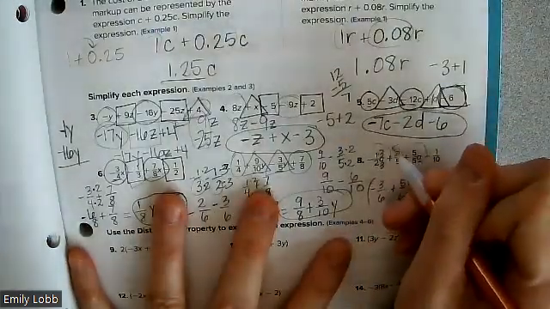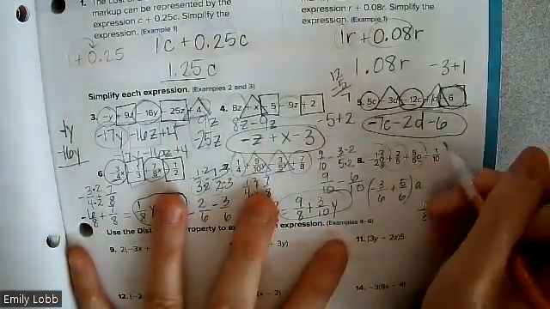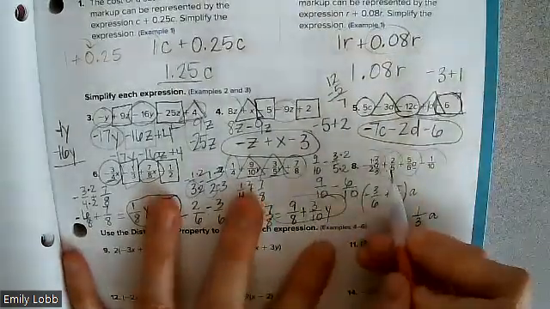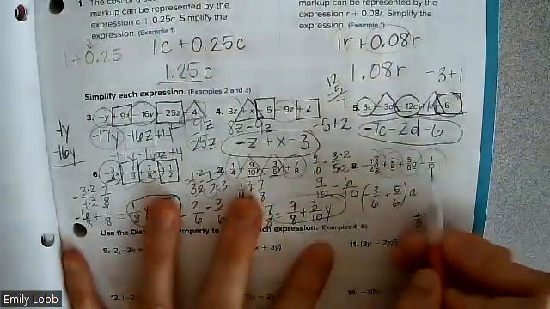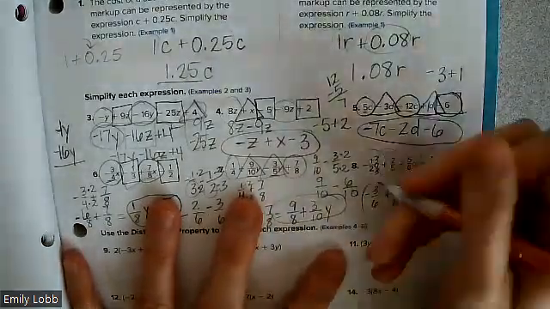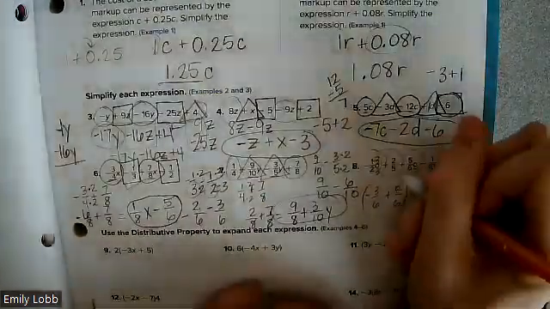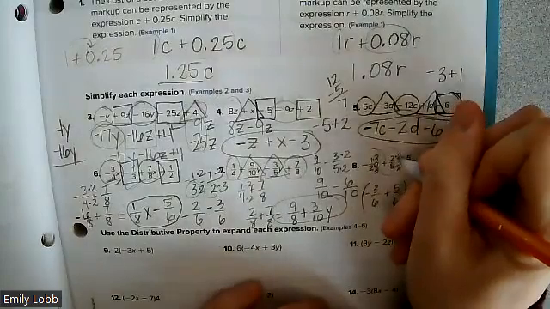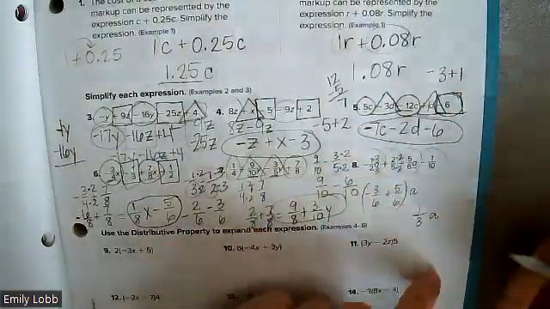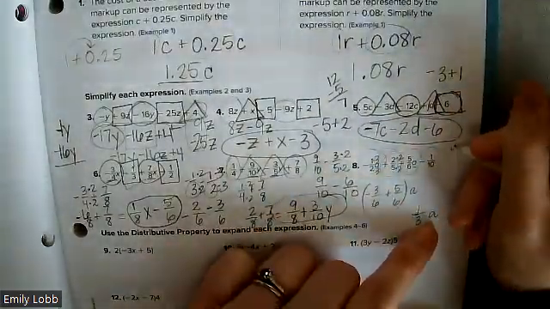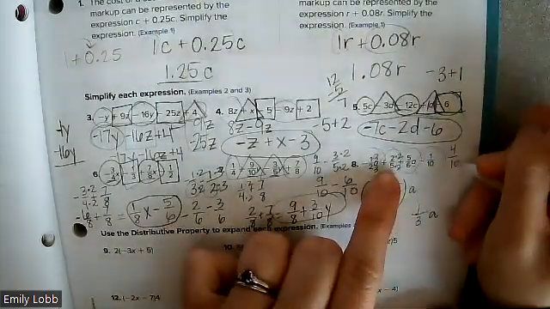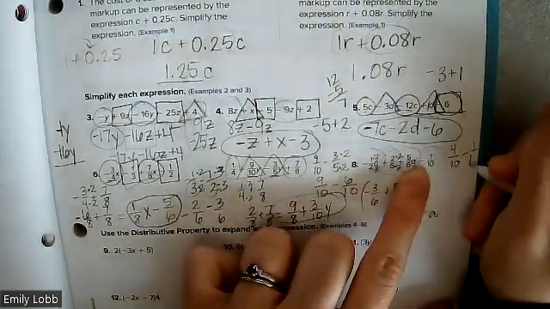And then we're going to combine our 2/5 with our -1/10. So I can change this into a denominator out of 10 by multiplying the 5 by 2. So that's what I have to do to the top. So 2 times 2 is 4. 5 times 2 is 10. Minus this 1/10.